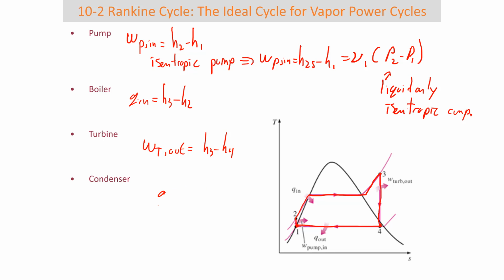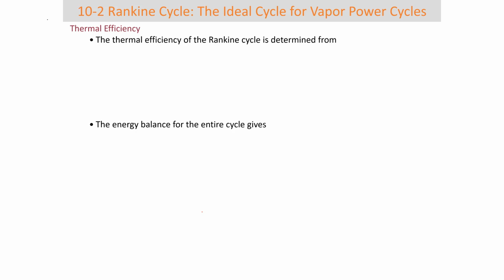And then the Q out of the condenser would be H4 minus H1. The thermal efficiency of the Rankine cycle is the same as it would be for any other heat engine. It would be the net work over the Q in, or 1 minus Q out over Q in.